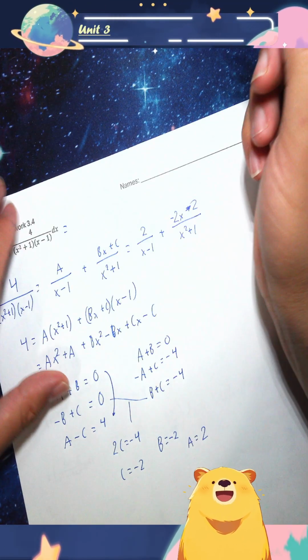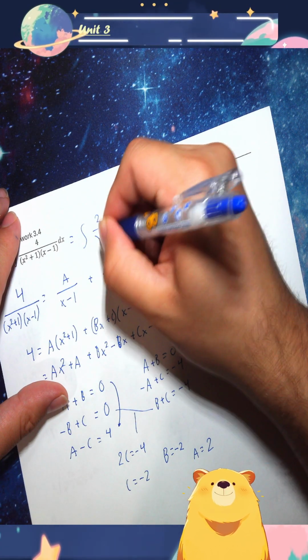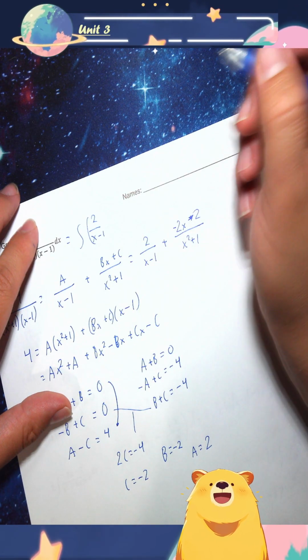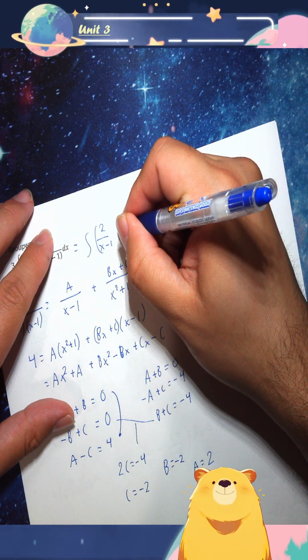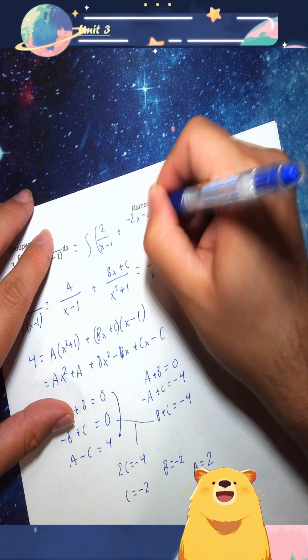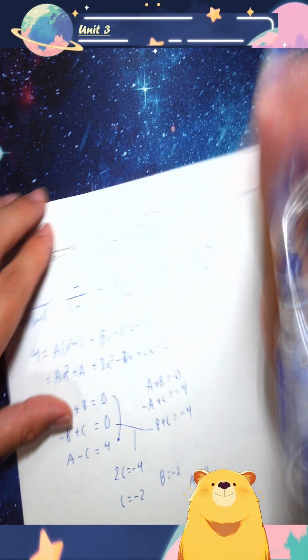That lets us rewrite this whole thing as 2 over x minus 1, I think I'll leave it on top, -2x minus 2 over x squared plus 1.